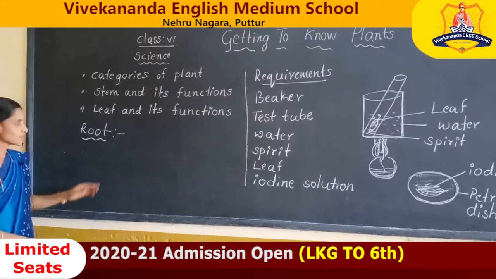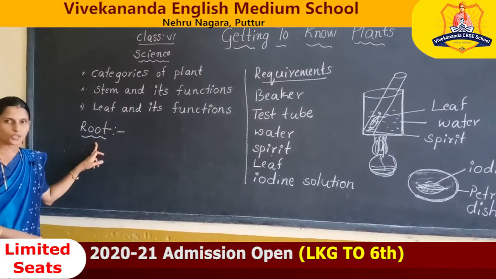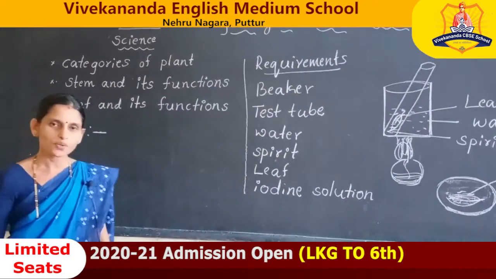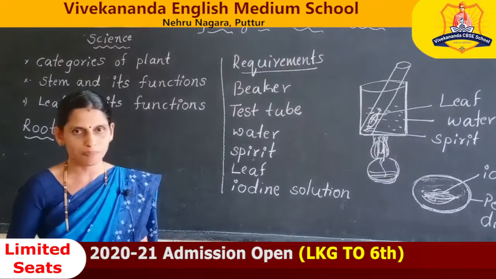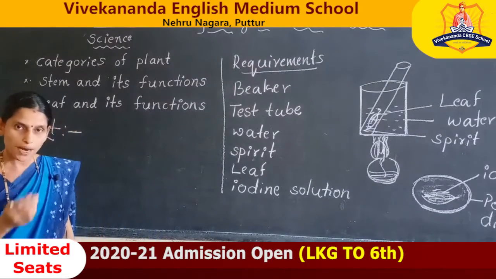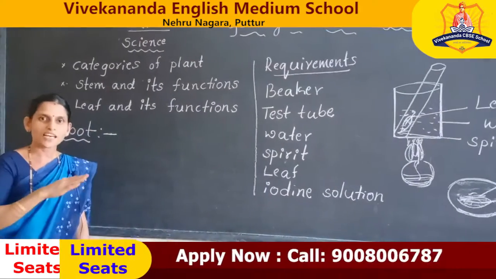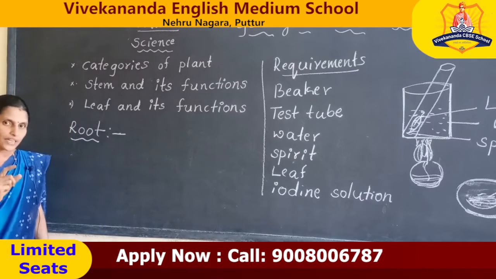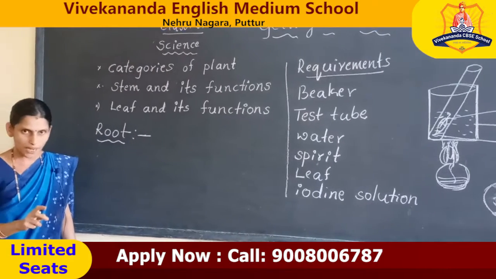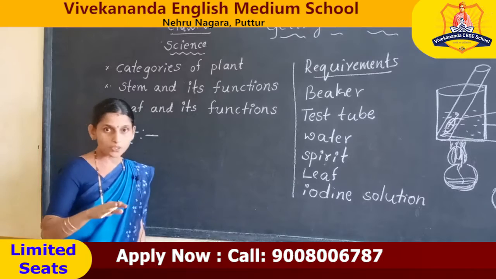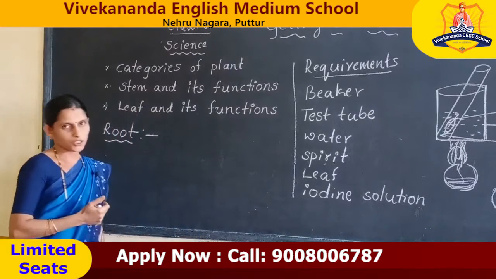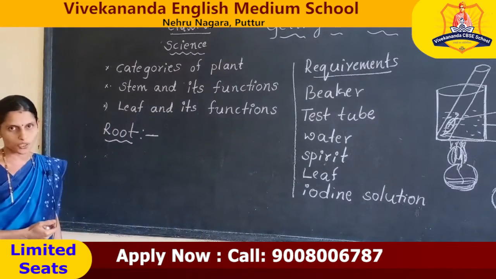Now let us move on to the next topic, root. What is root? You know that root is an underground part of the plant, the part of the plant which lies below the surface of the soil. What are the functions of a root?